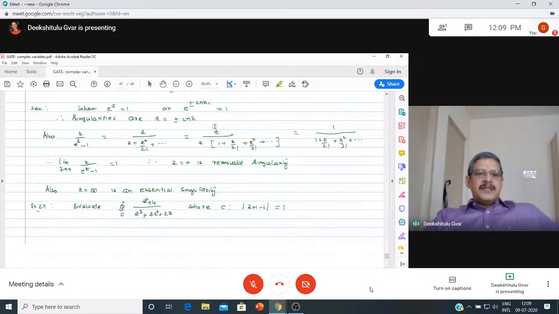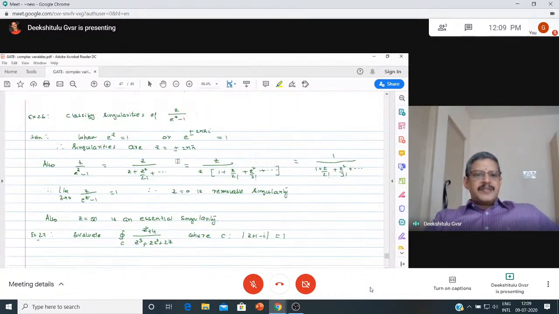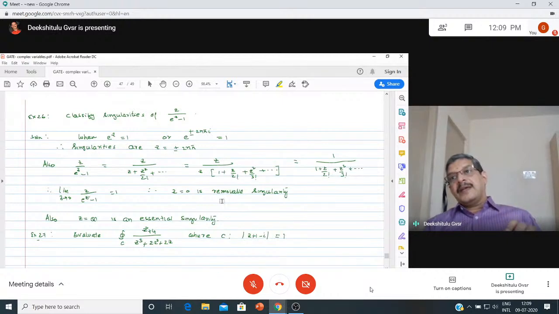So that is one thing. Singularities are these points. Now let us see what we mean by removable singularity. Whenever z is equal to plus or minus 2n pi i, this is clearly a singularity. You cannot avoid these points. But what I said, removable singularity, by redefining the function suitably, we can remove the singularity.